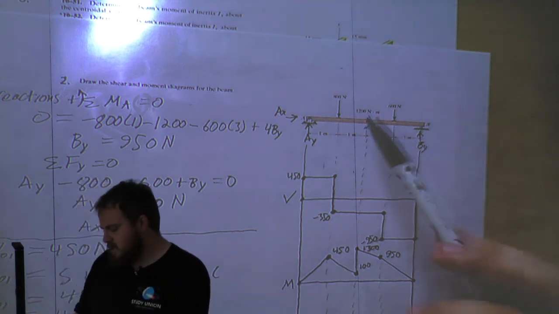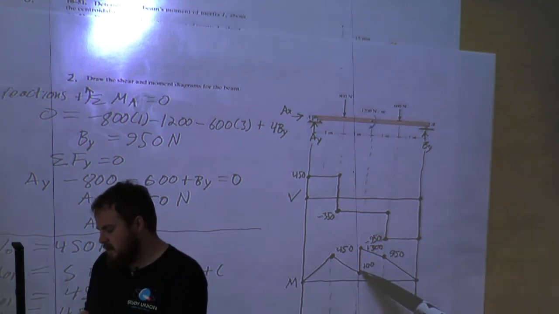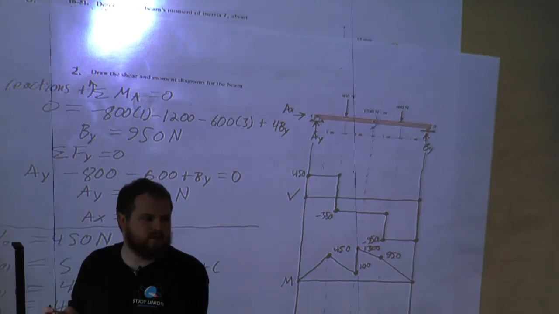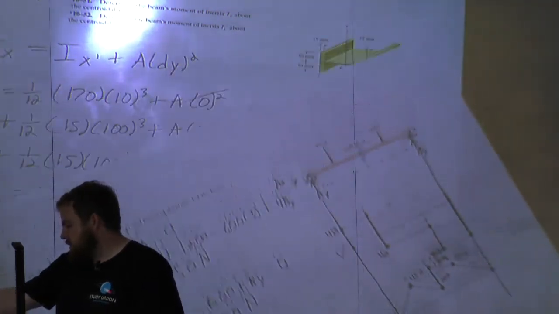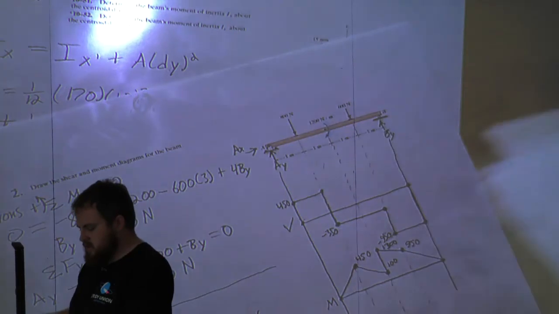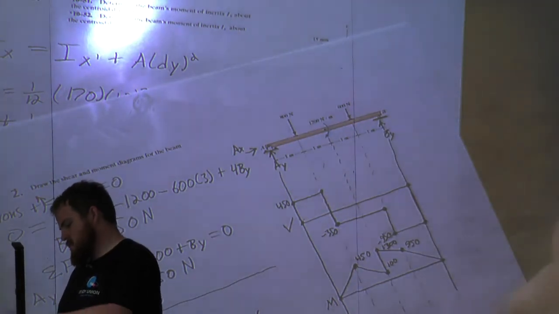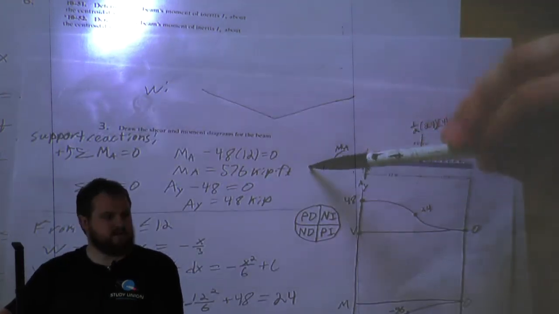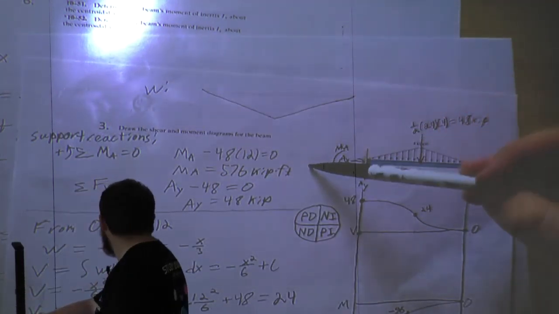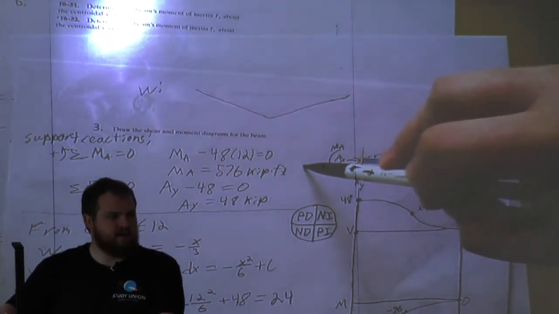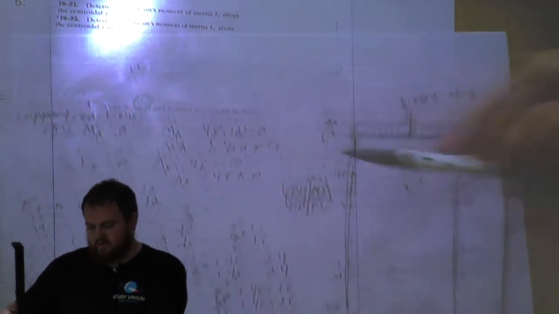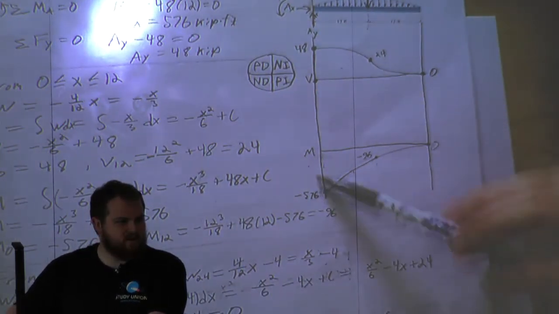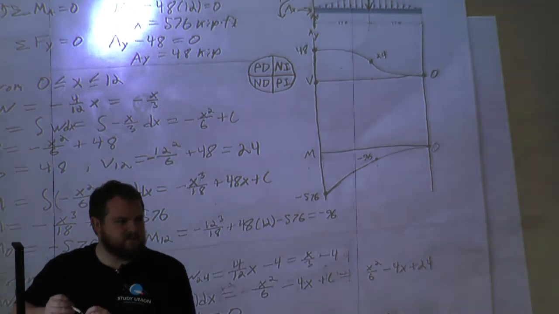Because this is clockwise, you have a jump of 1200. I also had that in question 3, we found our moment at A is 576, right? That's going to be positive, so it's counterclockwise. So when we start the moment, it goes down 576 immediately.